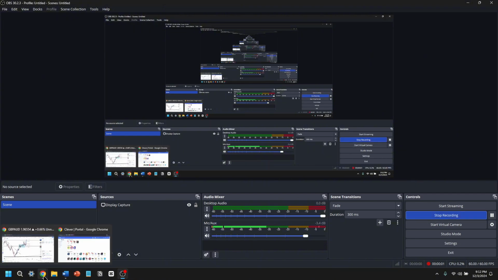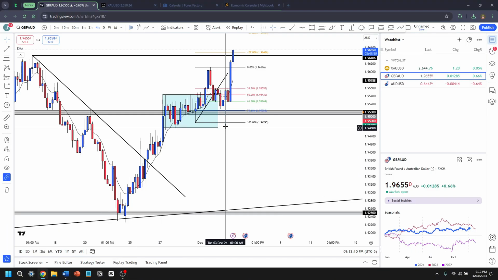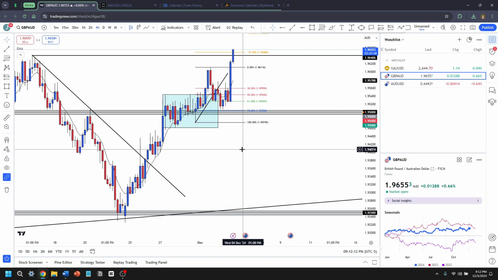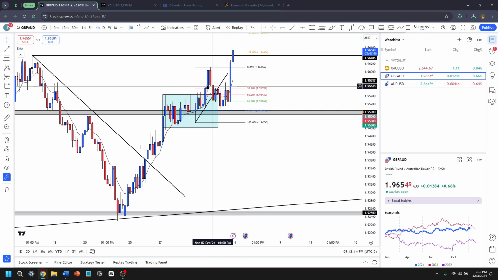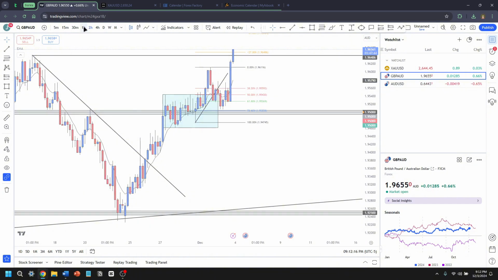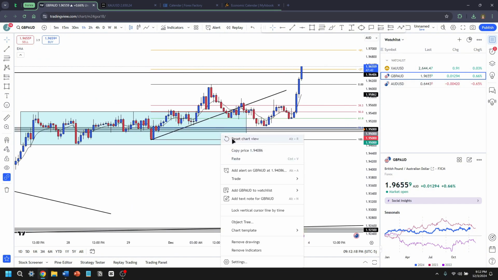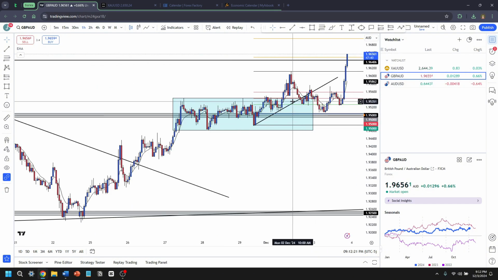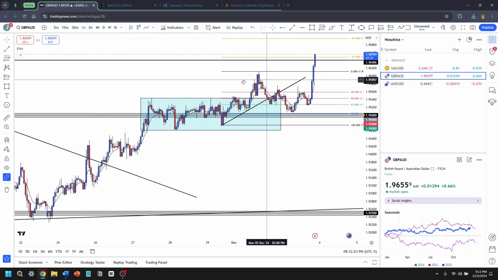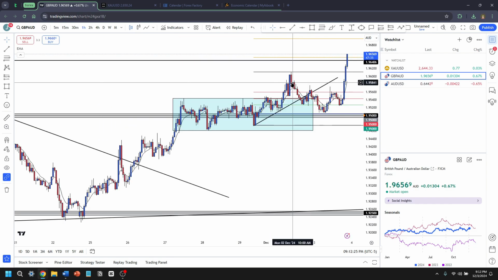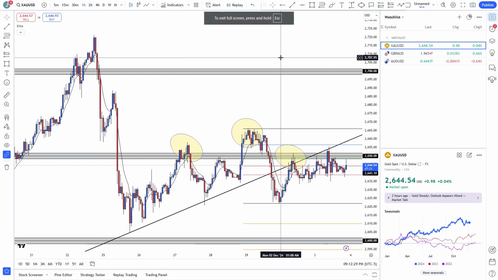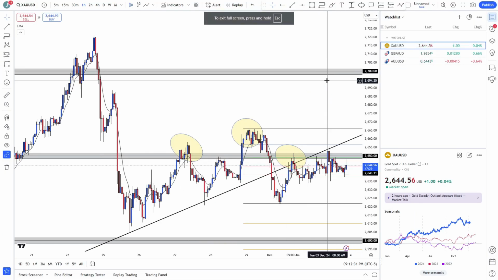Alright, so this is the next day, I think, from the last recording. Price was pushing up here, I'm pretty sure. But yeah, let's start on gold. On gold, we did have the bias of price dropping.